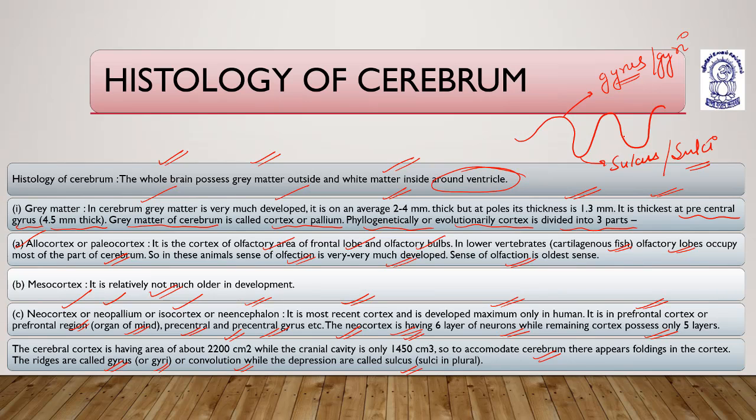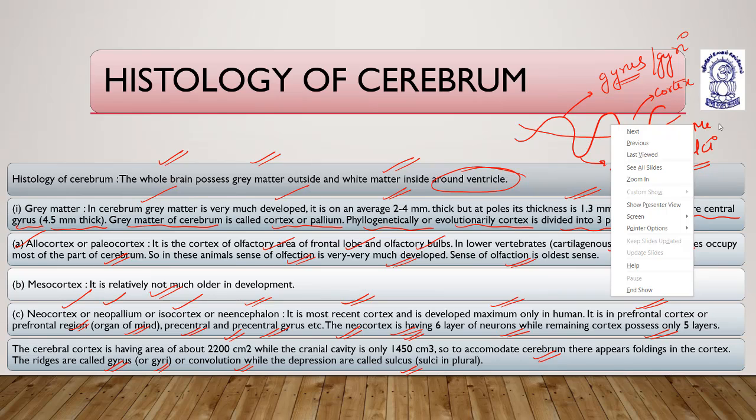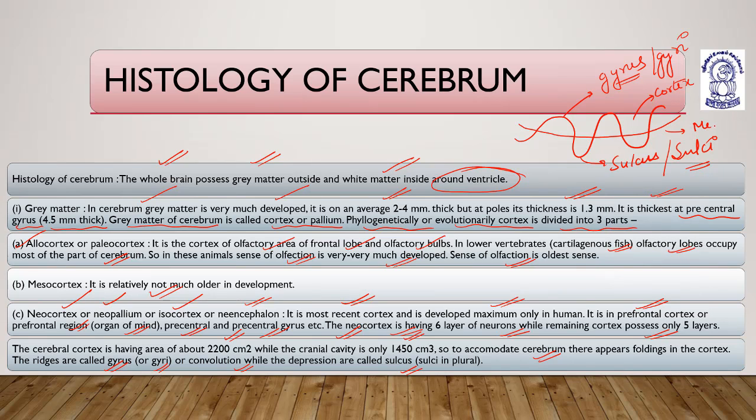Okay, this is the cortex region and this is the medullary region. Okay, so to hold this large amount of area of cerebral cortex, they undergo infoldings and elevations. The infoldings or the depressions are known as what? Sulci. And the elevations or the convolutions or the ridges are known as what? Gyrus. So allocortex, mesocortex, and neocortex.